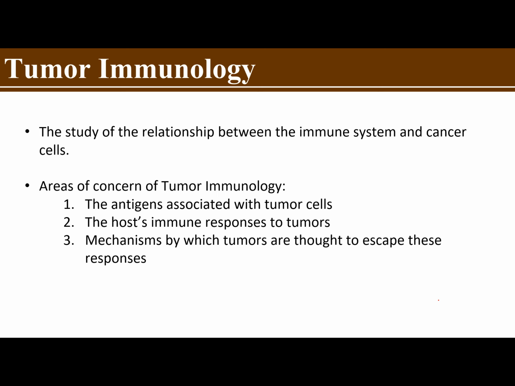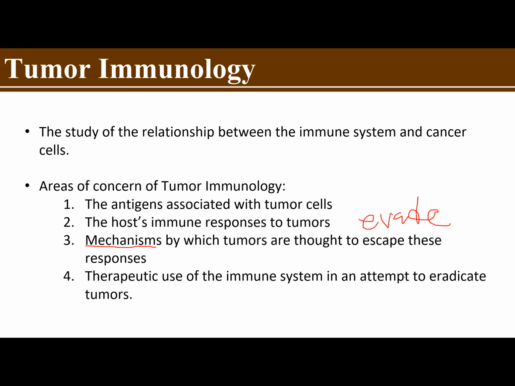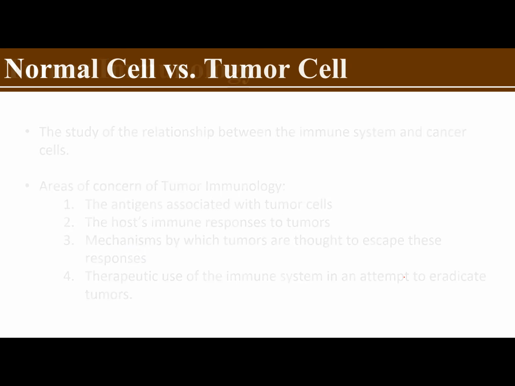That's why, class, cancer is very difficult to treat, because they have certain mechanisms or processes where they can easily evade or escape the immune system's ability to kill them. So later we'll tackle that more. Then four is the therapeutic use of the immune system in an attempt to eradicate tumors.